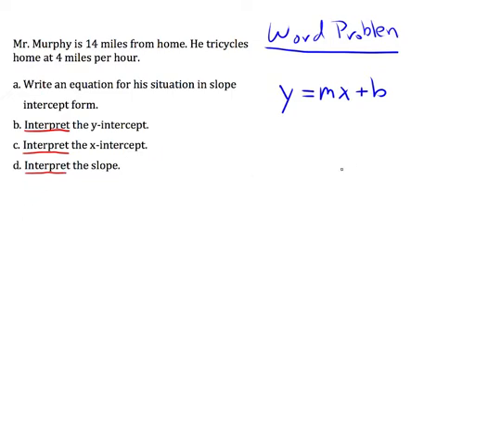So with my interpreting, I need to figure out what my x and my y are, which is a little hard right now because it doesn't say exactly what it is up here. So I'm going to think about a couple other parts before I move on to that one. I know my y-intercept is when x equals 0.